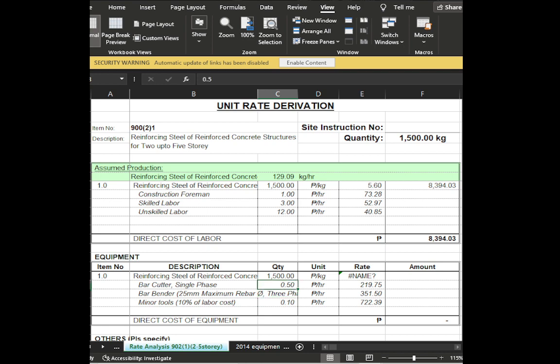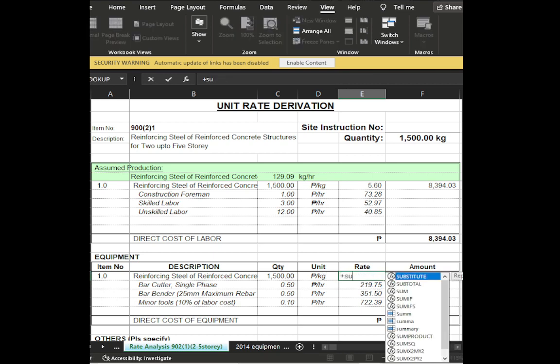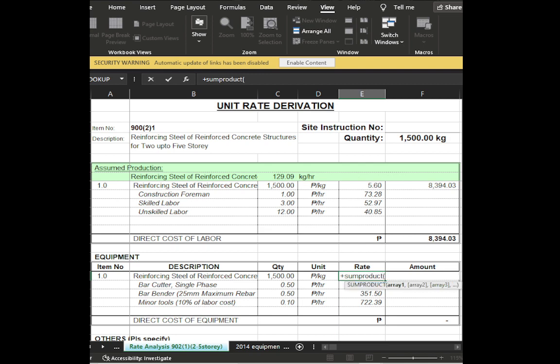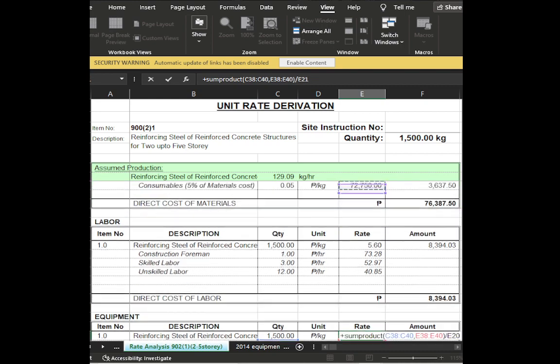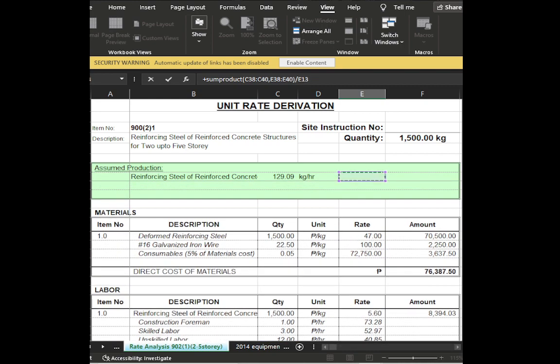So 0.5 hour only we need, and this one only 0.5 also for the bar bender. So we will get the peso per kilogram of this one. This is some product of this quantity to this rate, then divide it by 109.09 assumed production, so that we can get the per kilogram amount for our equipment.